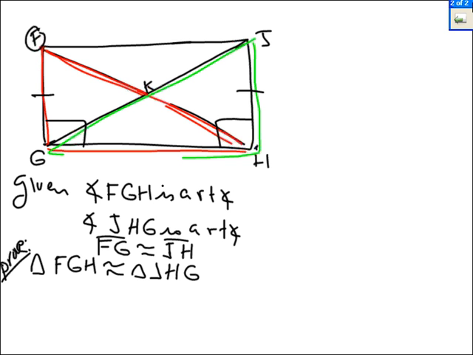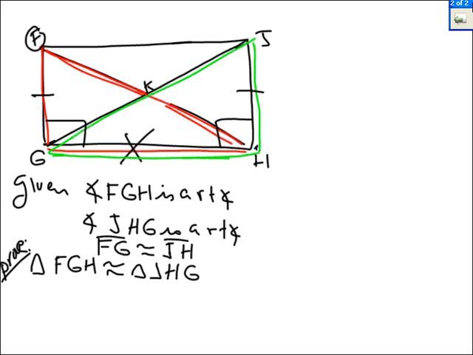Okay, first let me comment on this. GH is in both the red and the green triangle. GH is in both the red and the green. So both triangles have an X, and both triangles have a side with one slash.